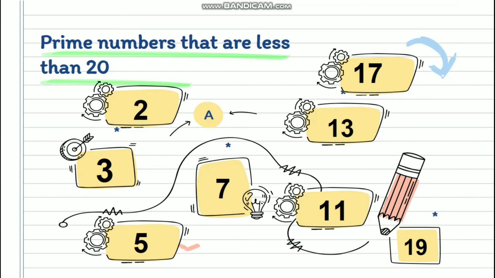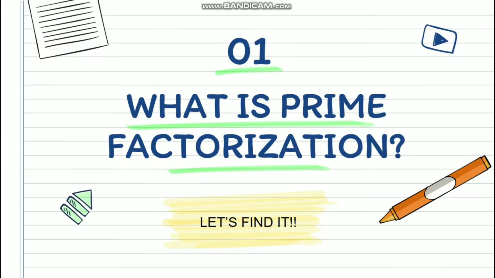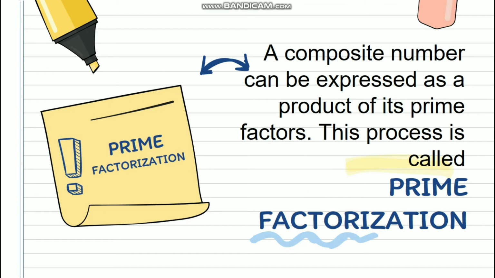Okay, so with that, let us define prime factorization. What is prime factorization? A composite number can be expressed as a product of its prime factors, and this process is called prime factorization. In other words, prime factorization is expressing a composite number as a product of its prime factors.